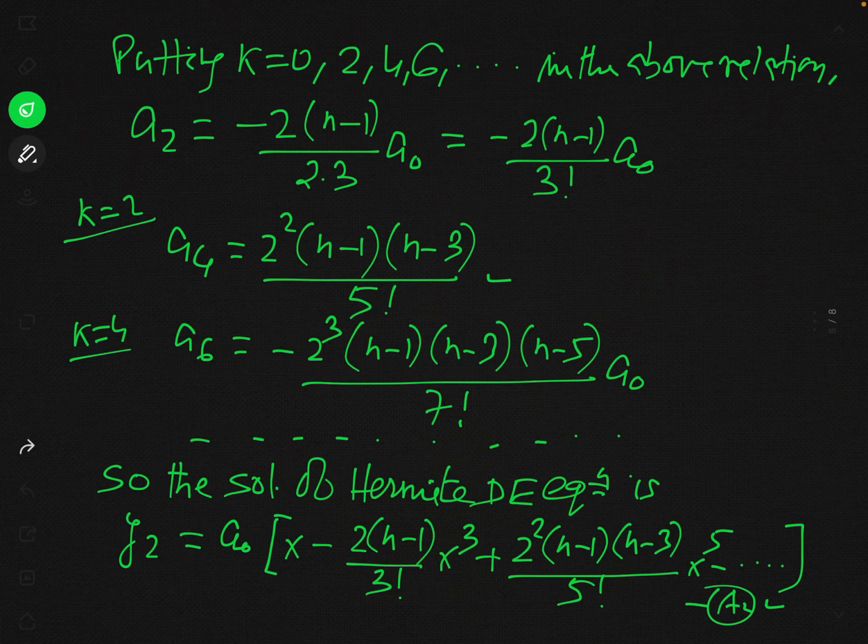So in order that the Hermite equation may have two independent solutions, a1 must be 0 even when m is equal to 0. So in this condition we can write the first solution taking a1 equal to 0.